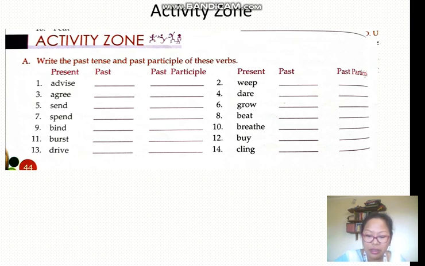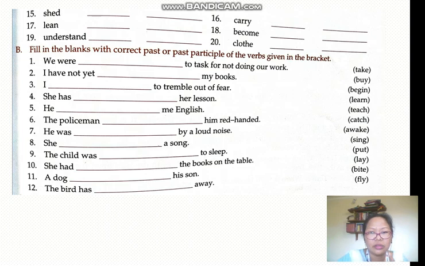Weep, what will be the past tense? Wept, and the past participle is also wept. In this way I want all of you to complete this table. We have to fill up the past and past participle forms. You have 20 such words given.